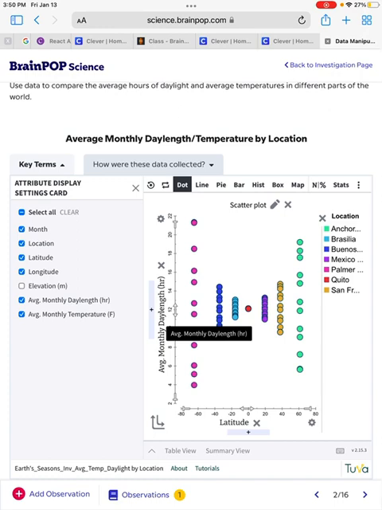So you'll notice that Palmer Station, that's the pink on the far left, is the furthest to the left of 0, or the furthest south of the equator. That makes sense. The South Pole, Antarctica, that is the furthest south part of the Earth. You'll also notice over on the right, Anchorage, which is green, is going to be pretty far north.